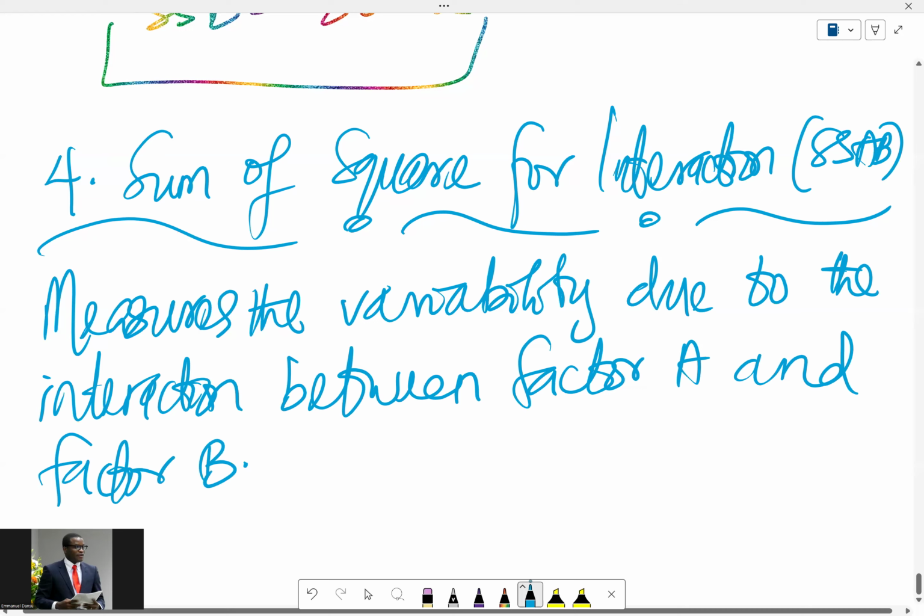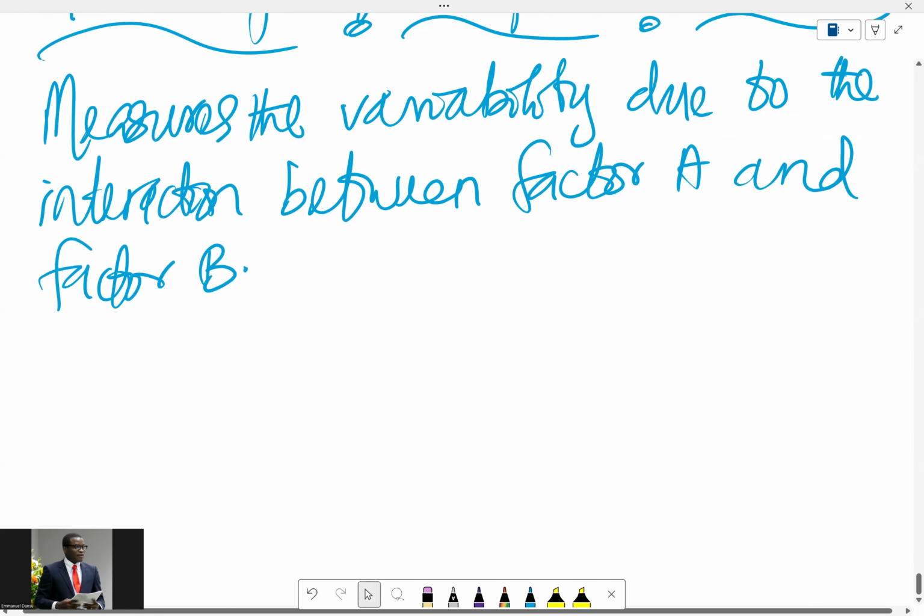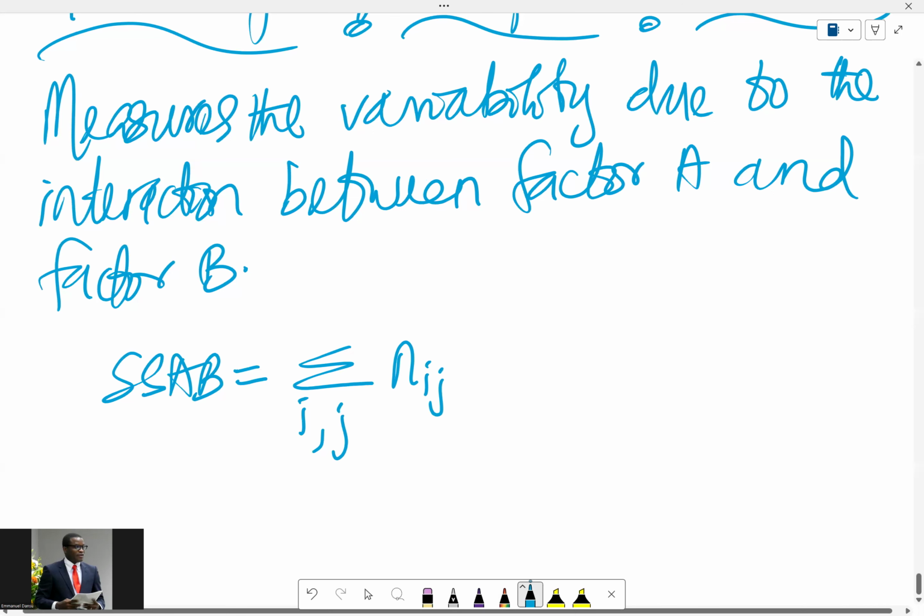So SSAB would just be the summation over i, over j, of n_ij times (X_ij bar minus X_Ai bar minus X_Bj bar plus X bar) all squared. I'm wondering, let me just write it. I may have to change it based on what I already told you.